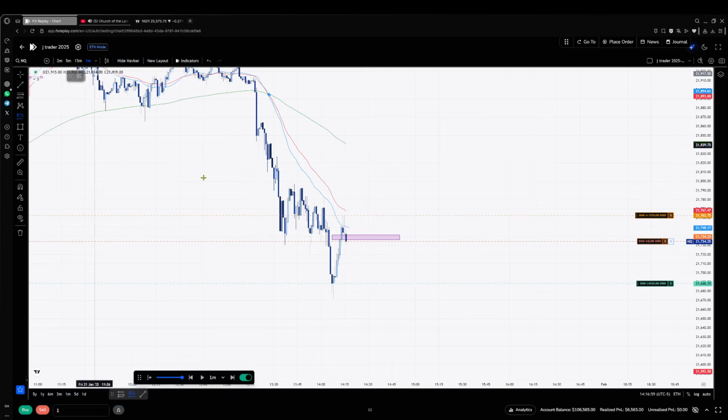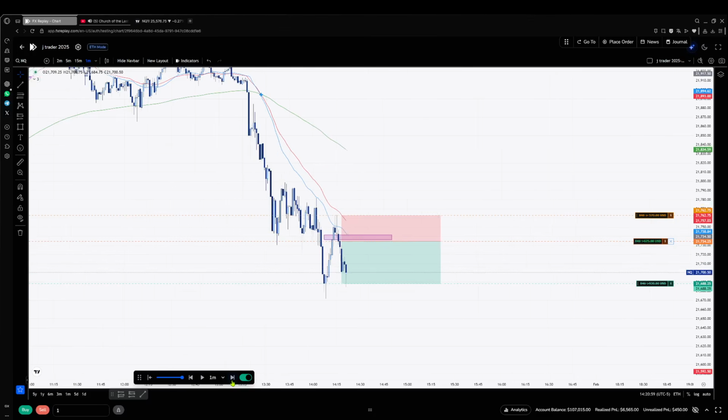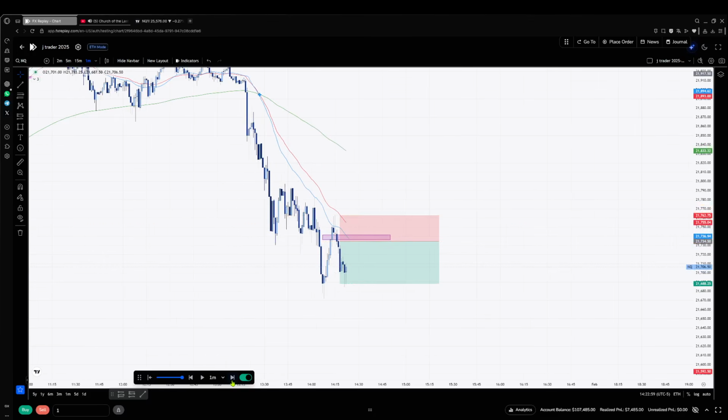So the risk to reward of this trade is better, see? So it can give us different R's, and we are just following the trend. Let's see the result here. Boom, take profit, nice trade.